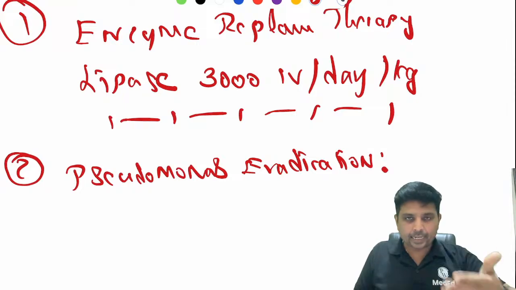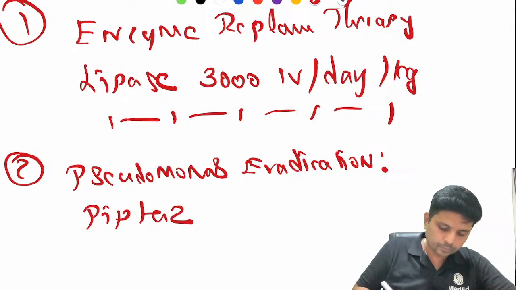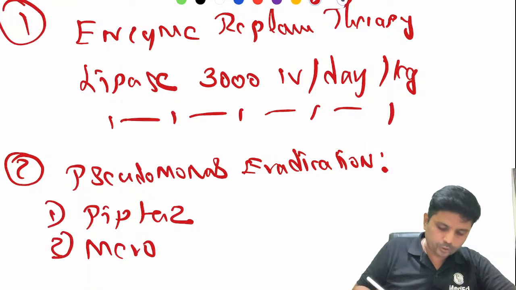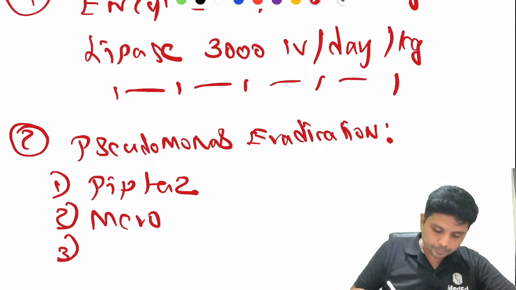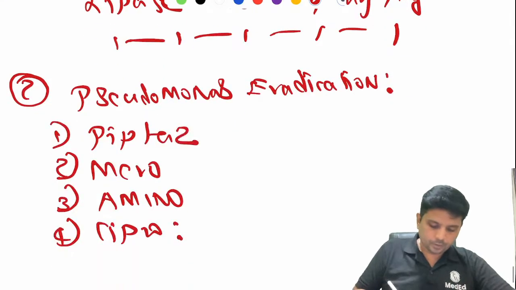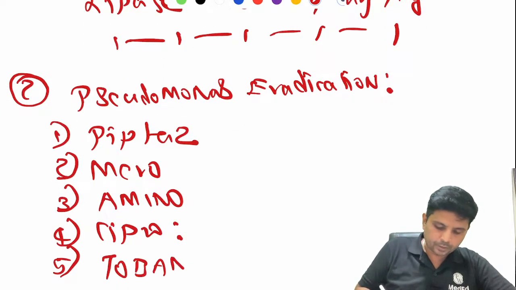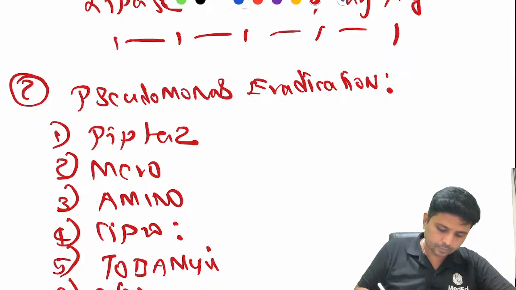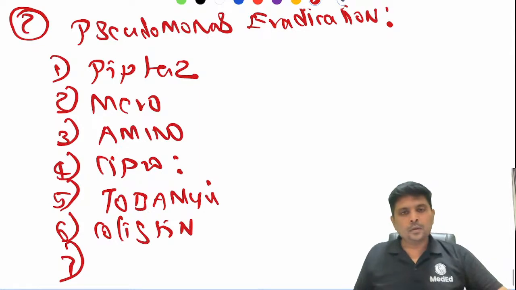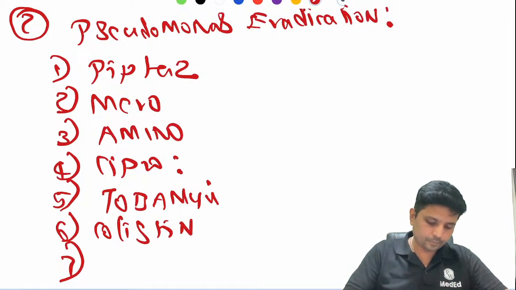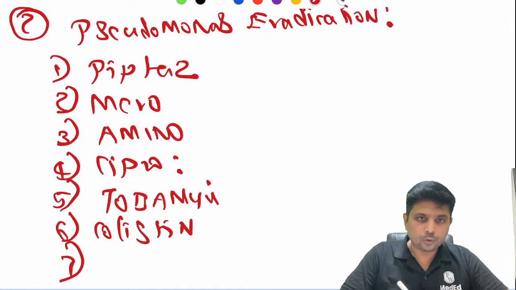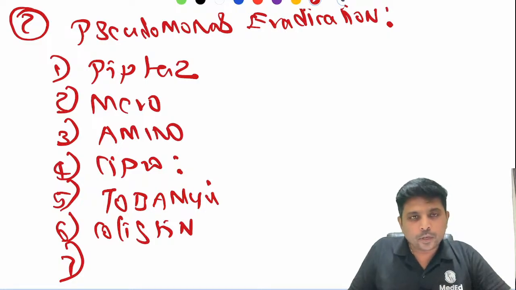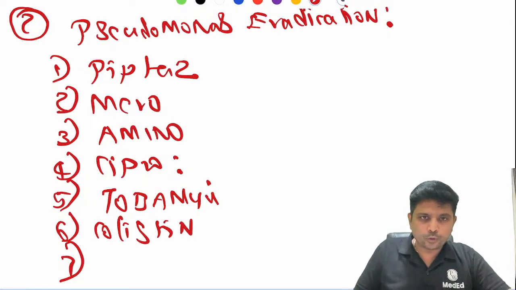Okay, what are all the drugs that act against Pseudomonas? One is piperacillin-tazobactam, two is meropenem, three is aminoglycosides, fourth is cipro and other quinolones, fifth is tobramycin, colistin, and then ceftriaxone.